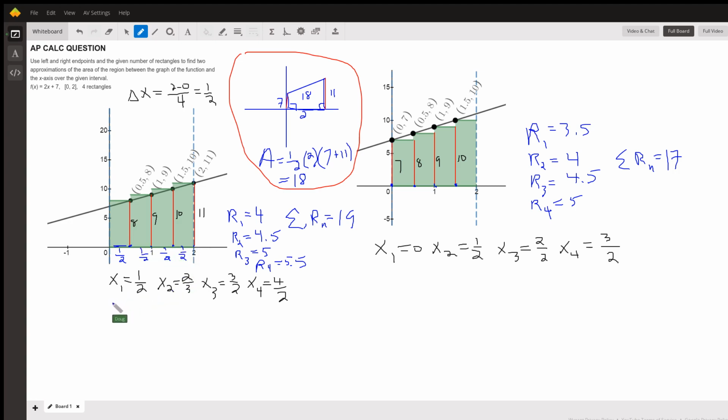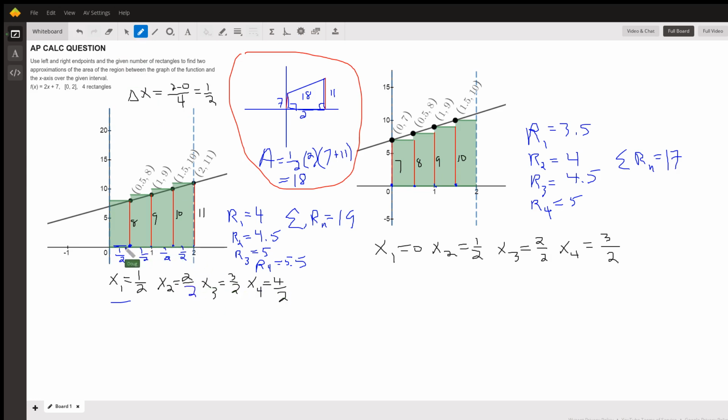So I've rewritten these as x sub 1 is this point has an x coordinate of 1/2. 2 halves here, three halves and 4 halves.